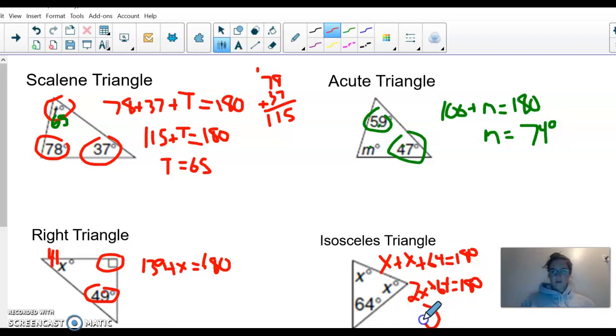So that's 116. So you have 2x equals 116. And then you divide by 2 here. So you get x equals 58. So then you know both of these angles right here are 58. Since they are the same, that's why it's an isosceles triangle, because the two angles are the same.